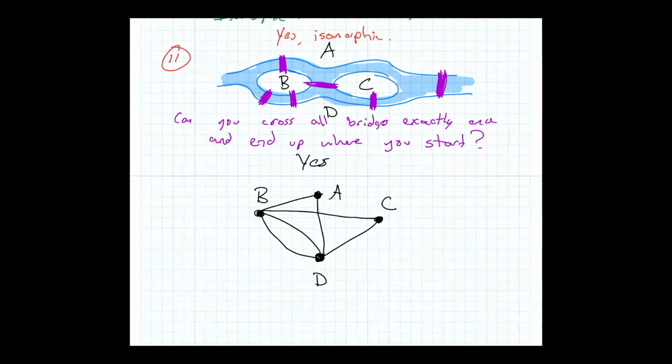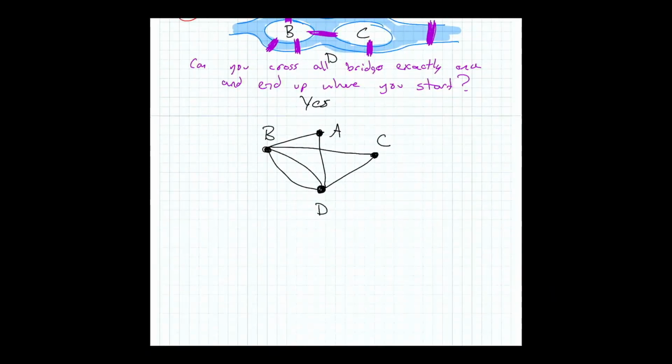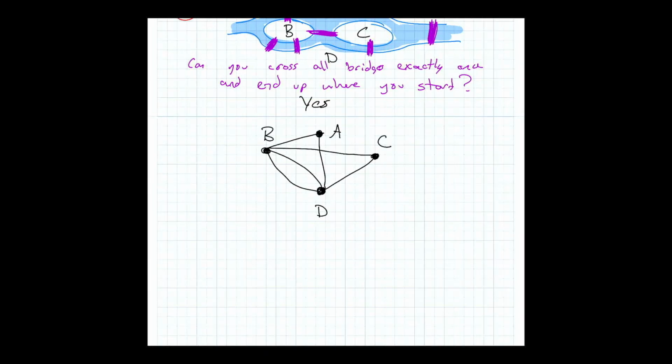So you draw it that way. And then the question is the same as can you cross all bridges exactly once and end up where you start, is there an Euler circuit on this graph?